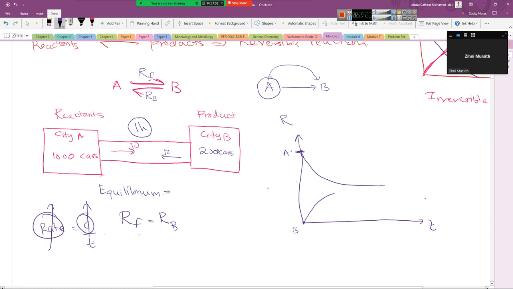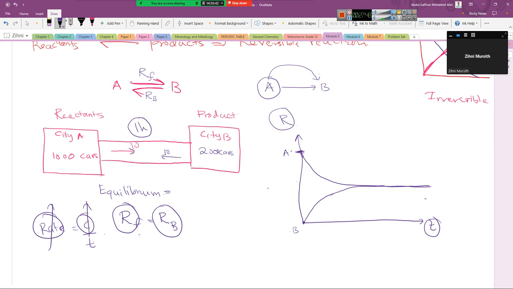Isn't that so? So at equilibrium, Rf will become Rb, which means here they should meet at a specific point. So this is the rate versus time graph for the reversible reaction.